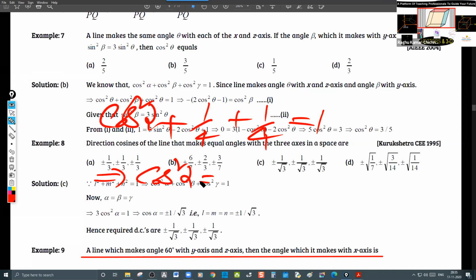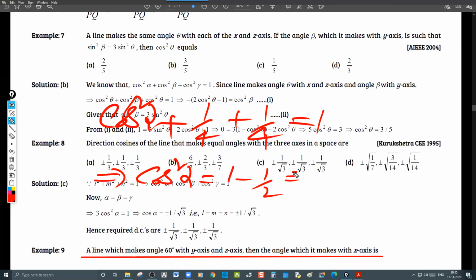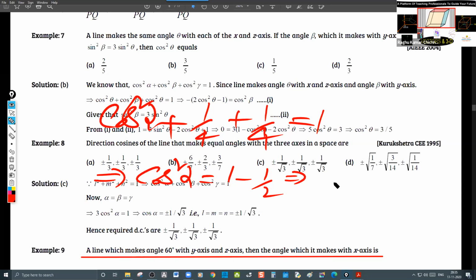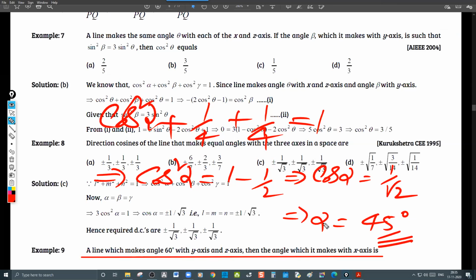And cos square alpha is equal to 1 minus 1 by 2, which means cos alpha is 1 by root 2. You must get alpha 45 degrees. Simplification mistake. I forgot to do the square, sir. I got 3 by 2.